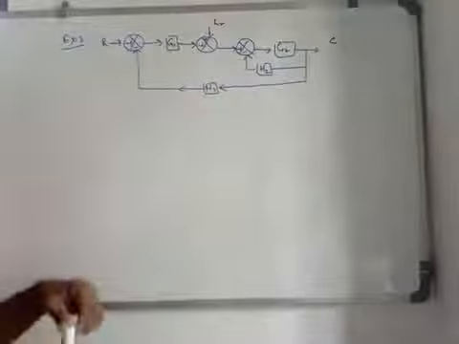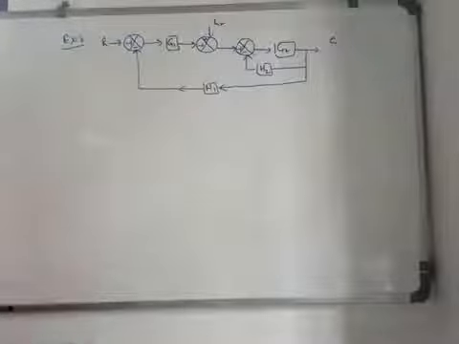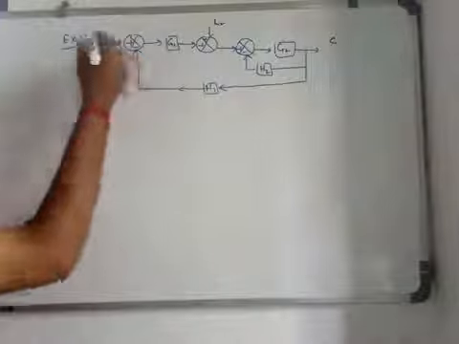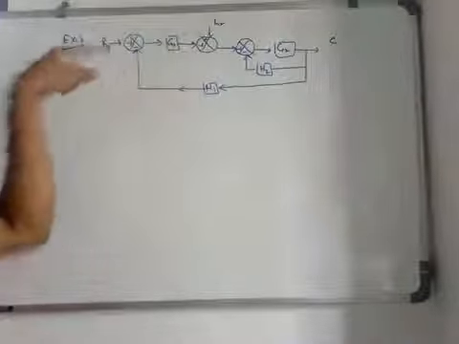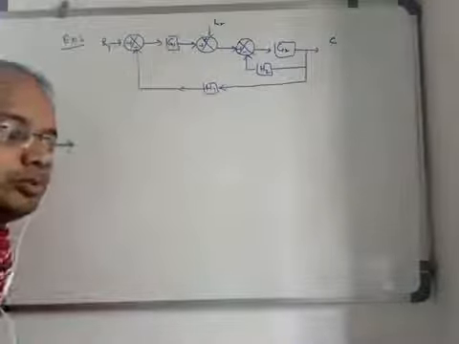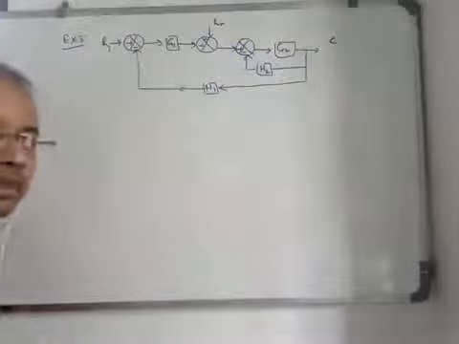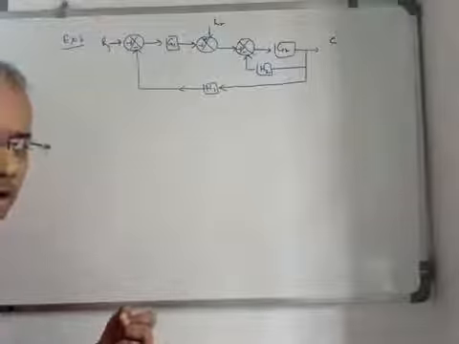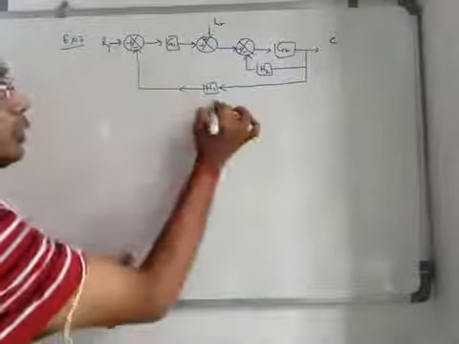So look at the problem given on the board. You see, sorry, it will be R1. So there will be two inputs. When there are two inputs, the rule is something different. What is that? In that case, you have to consider one input at a time.